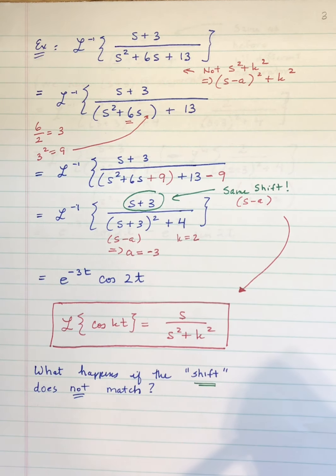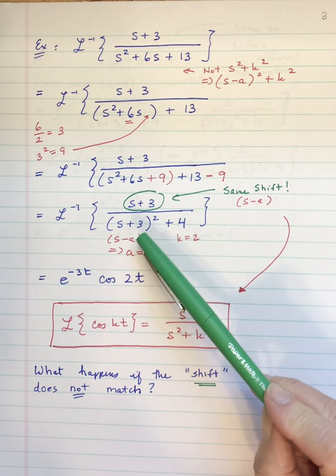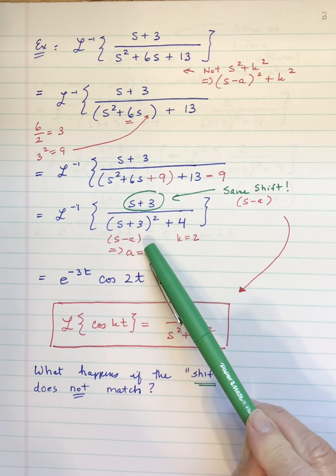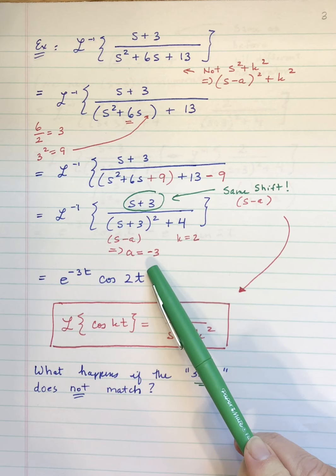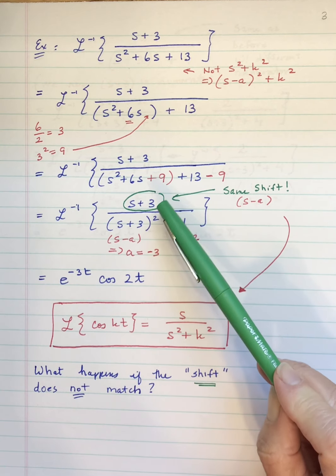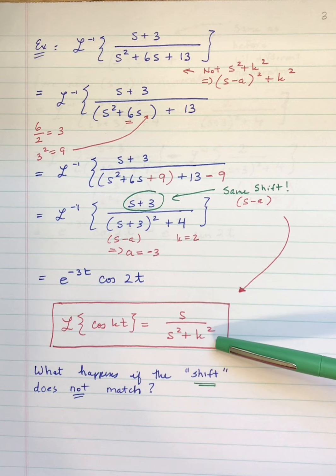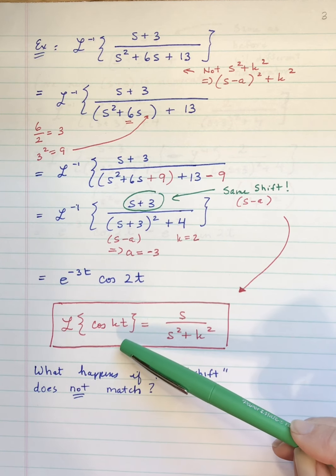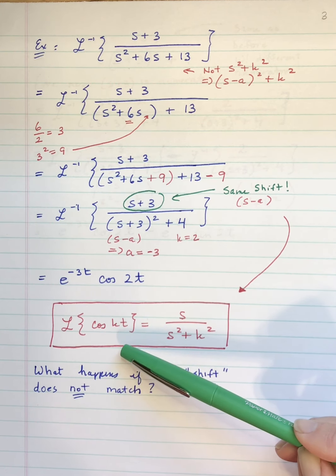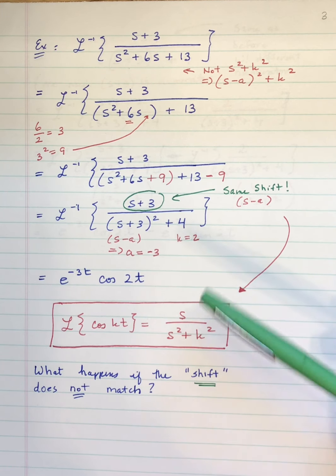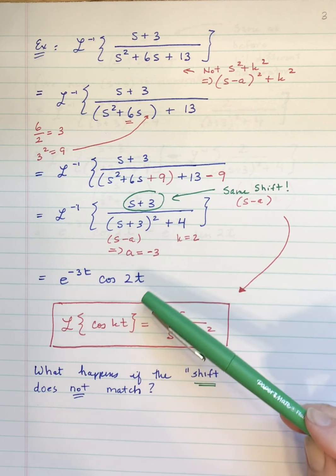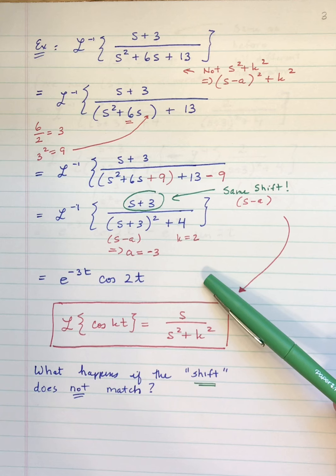We'll see in a minute one that doesn't match. Now, here our s minus a term tells us that a is negative 3. Here it's like an s over s squared plus k squared, so we're looking at a cosine of kt if we want to compare it to the formulas we know. So here our k is 2, so we have the cosine of 2t for our case.